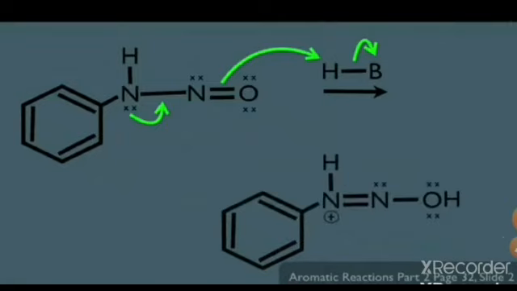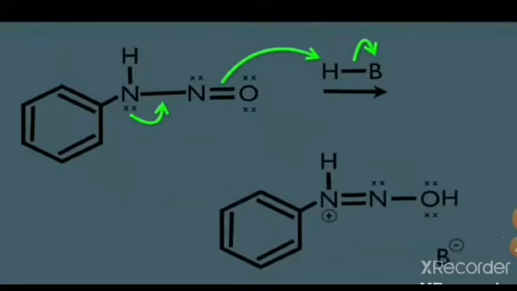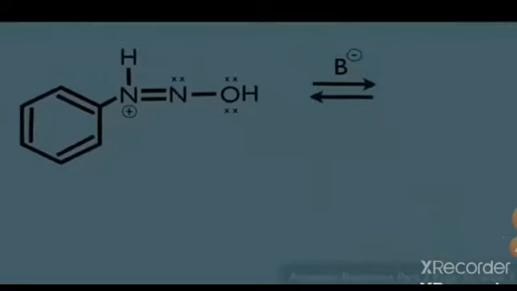The acid donates its H+ and leaves behind B- in the reaction mixture. Now this B-, which is just like an anion, takes up this H+, and we end up with this product right over here.